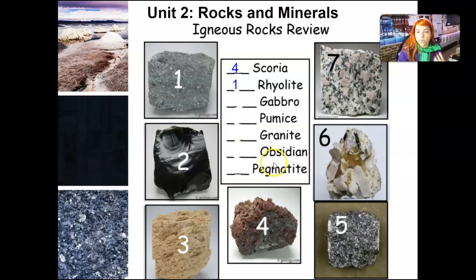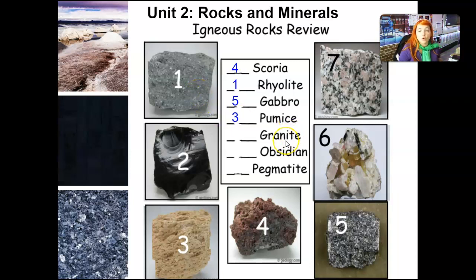So I'm going to look for one that's kind of bigger, chunky. That'd be number 5. Pumice is the opposite. It's the light side to the dark side of scoria. So it's going to have gas pockets, and it's going to be a light color. That's going to be number 3. By the way, do you know that pumice is the same type of pumice that you scrub on your feet to exfoliate your feet? It is.